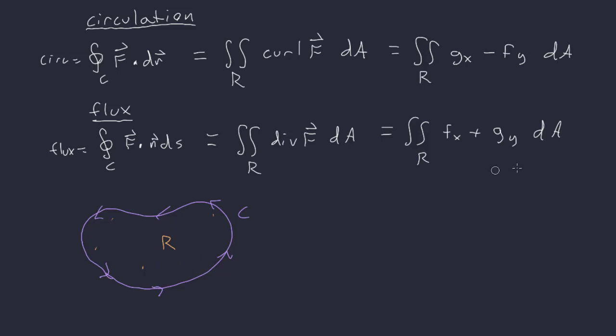Well, let's think about that. Let me set this up so that we have a positive circulation. Positive circulation would be that the vector field F goes along with the path over the whole line.